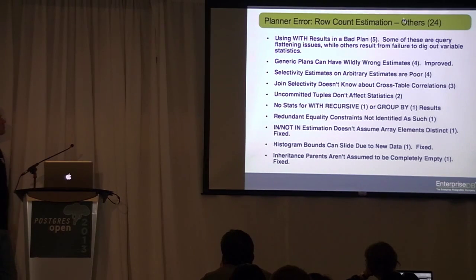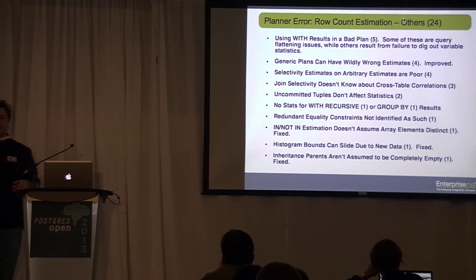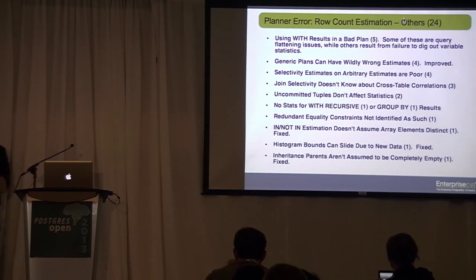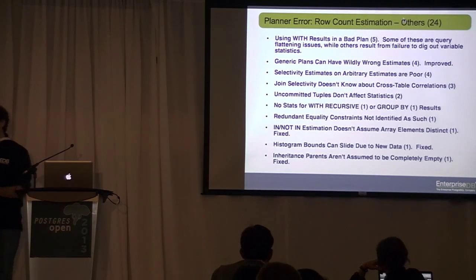Another thing that comes up here is, selectivity estimates on arbitrary expressions are poor. So what this means is, if you put in where a equals 3, that's one of the limited number of things that the query planner understands exactly what that means, and it will estimate it well.